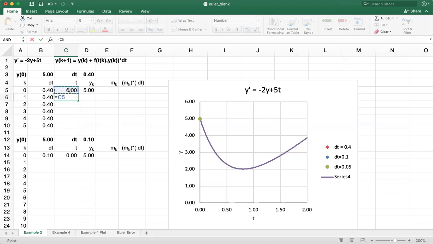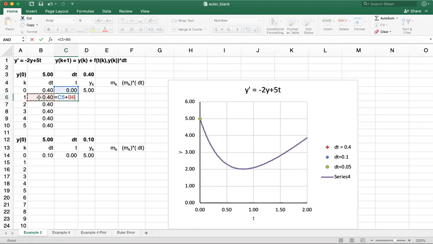I'm going to click on the cell, which is C5, so it puts it into a formula. Don't put 0, but actually click on the cell. Then I'm going to add to it the delta t, the one just to the left of this, which in this case is the cell B6. So don't put 0.4, but actually click on the cell.